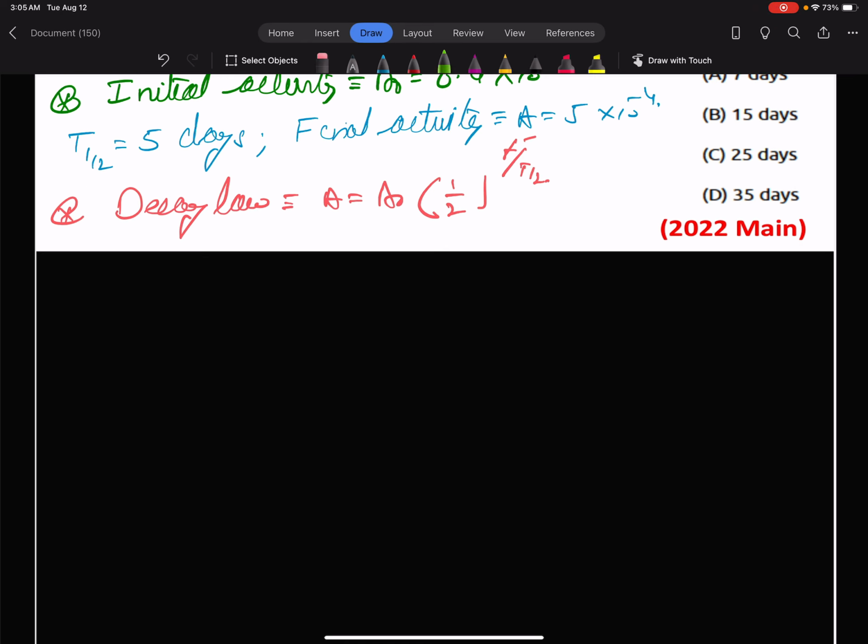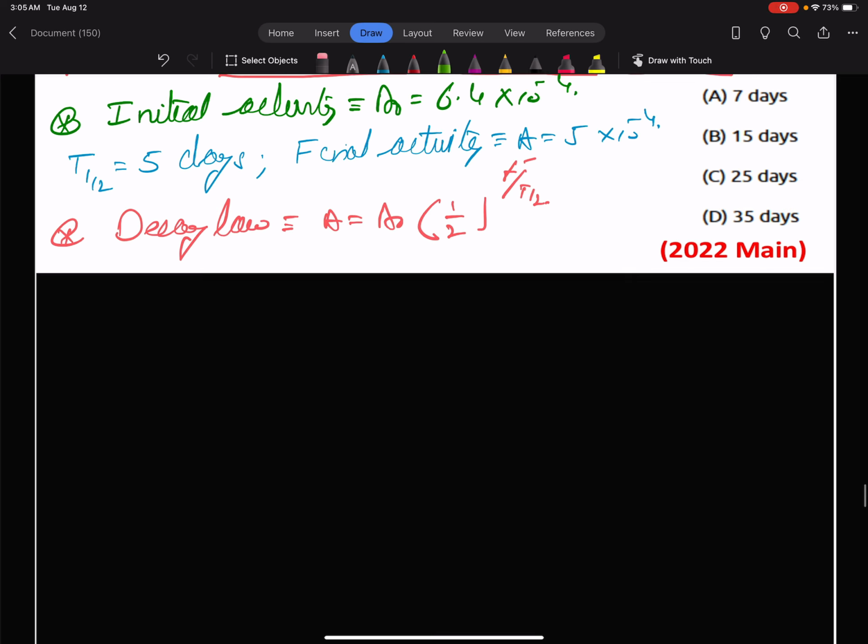We simply substitute all the values. A is given to us as 5 into 10 to the power minus 4 divided by A naught, 6.4 into 10 to the power minus 4, is equal to (1/2) to the power T upon 5, as the half-life is given as 5 days.